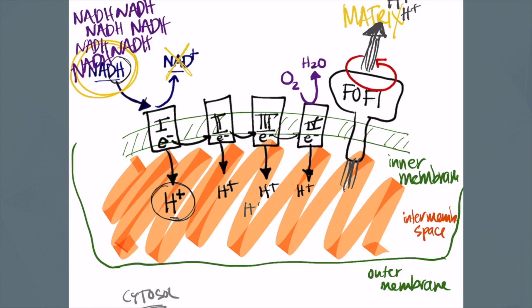So all of these protons that have collected in the intermembranous space over time fuel the final enzyme, because this huge electrochemical gradient drives through F0F1, spinning it, and every time the F0F1 spins around, it takes an ADP and a free inorganic phosphate, and it slaps them together and makes ATP.